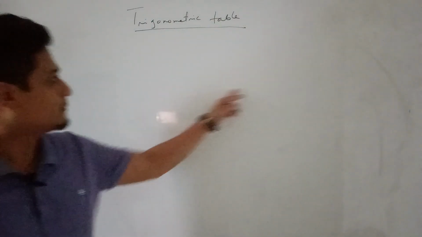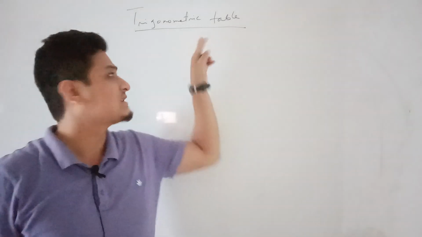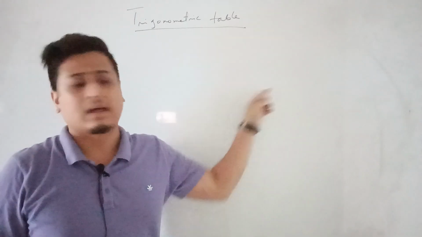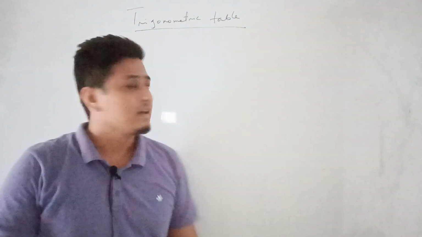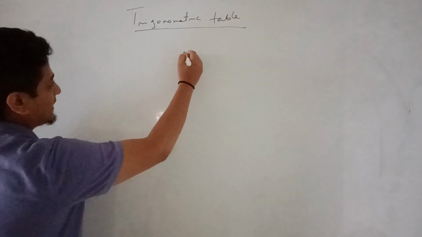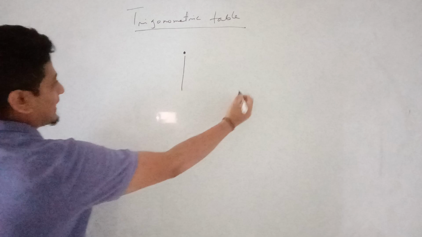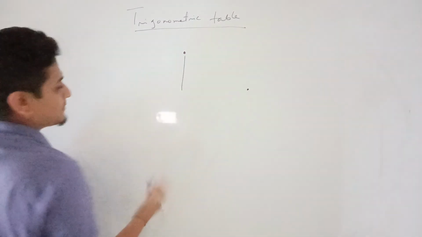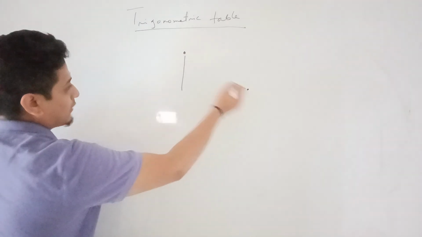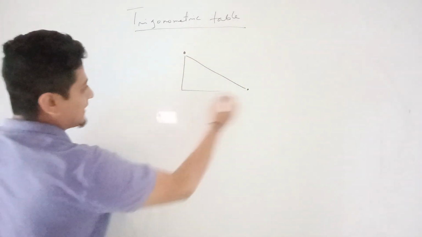Through that triangle, we'll see in the next class how we are going to discuss it to help us solve some questions. Like if suppose a bird is sitting here in a tree, okay, and if I am standing here, or some person is standing here, at what angle will you see the bird? So we'll make a right angle triangle.